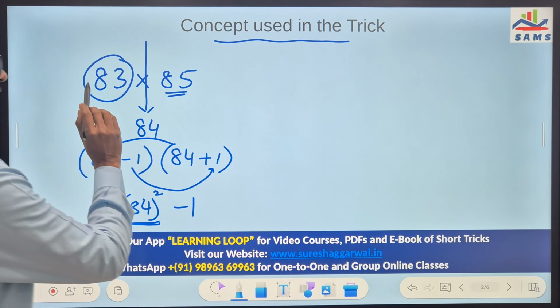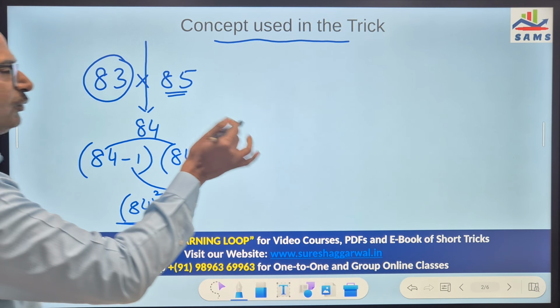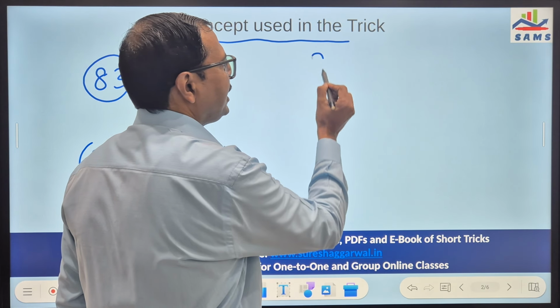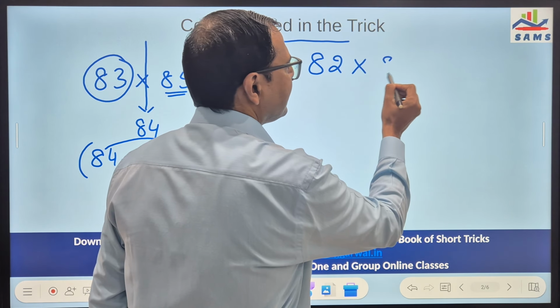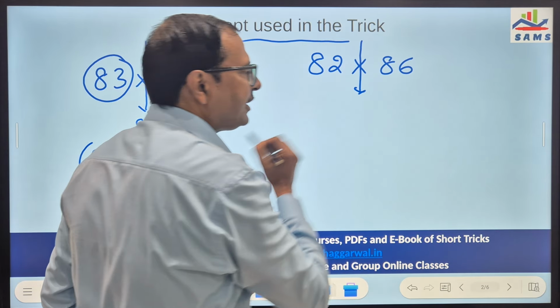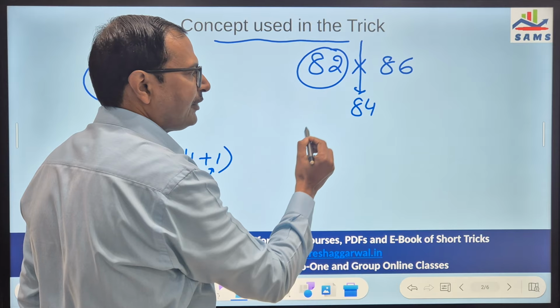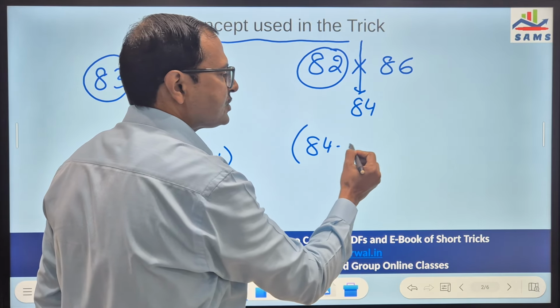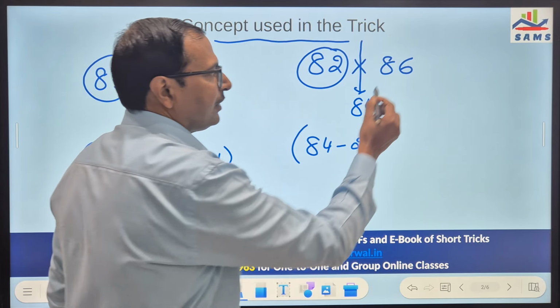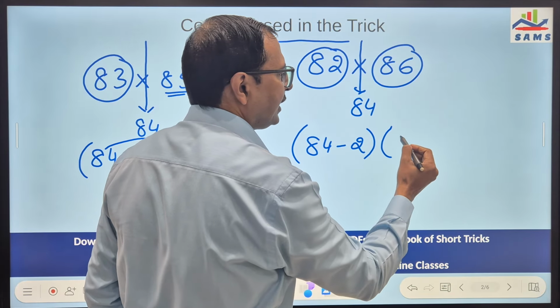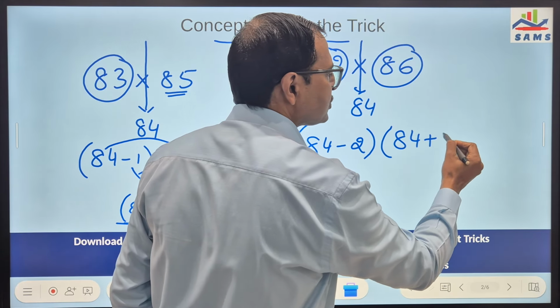Likewise, if the numbers differ by 4, suppose you have 82 and 86. So what is the intermediate number? It is 84, right? So I can express this in the form of 84, which is 84 minus 2, and 86 can be written as 84 plus 2.